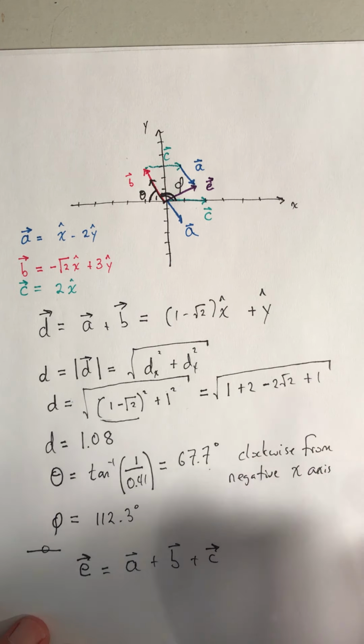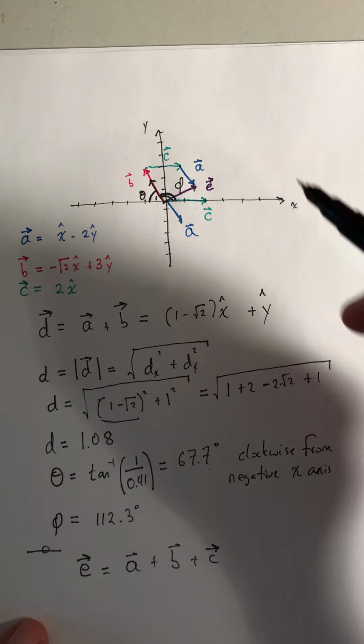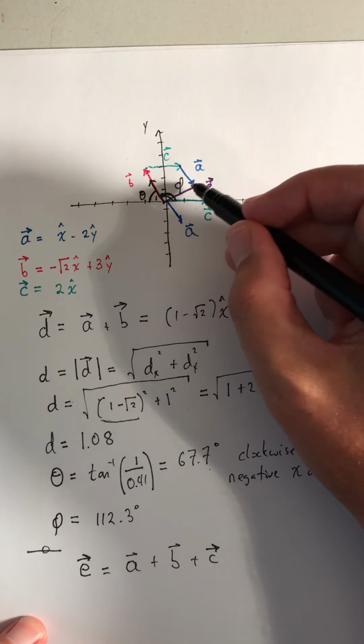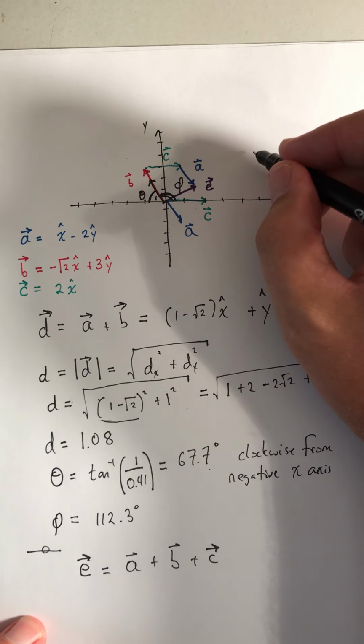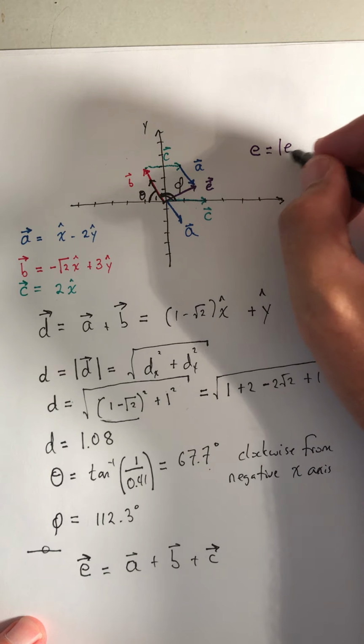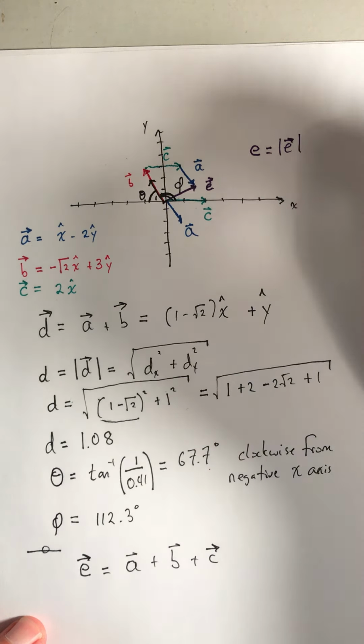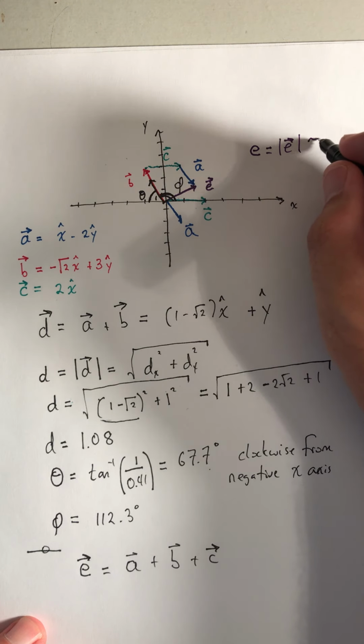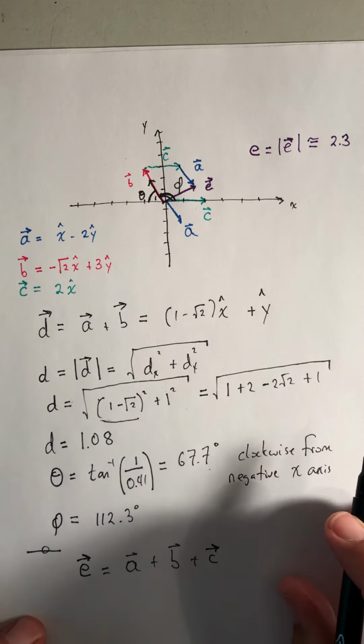If everything is drawn out fairly carefully and measured off with a ruler, the magnitude of vector E, when I did that, is about 2.3 units on that scale.